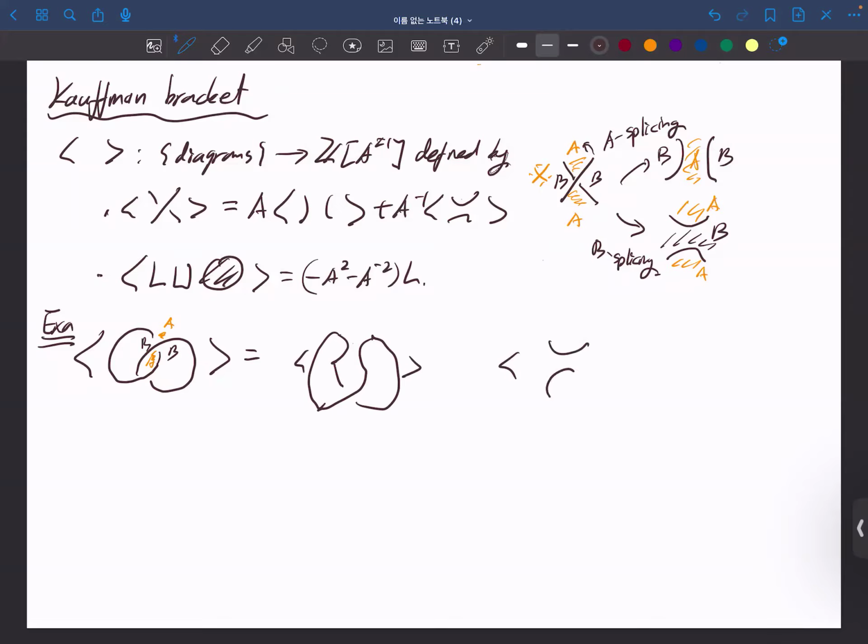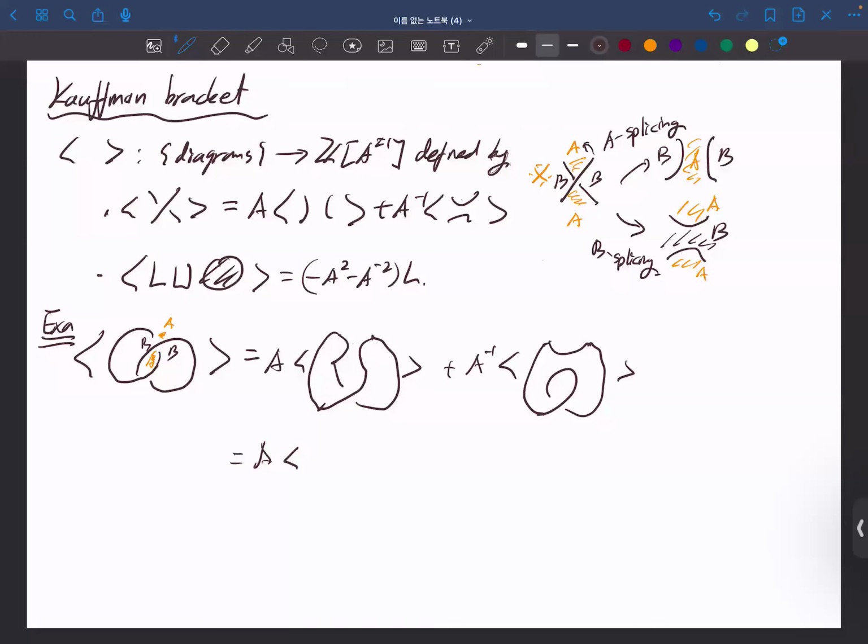And by B splicing, we can obtain such a diagram. And we put A and A inverse. And then we repeat this. For this one, there is only one crossing.